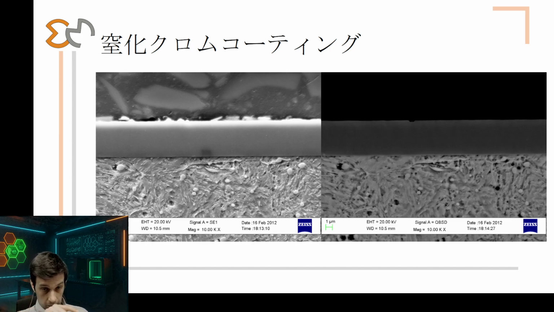In the middle, we have a region which is chromium nitride. Chromium is heavy, nitrogen is light. Chromium nitride is heavy but not so heavy. That's why it's a dark gray.